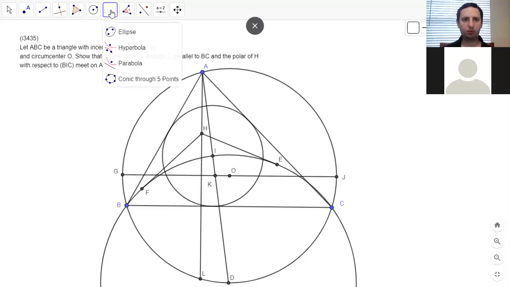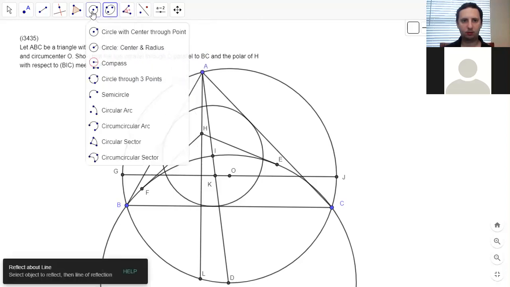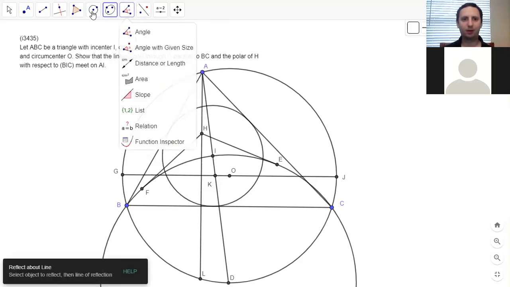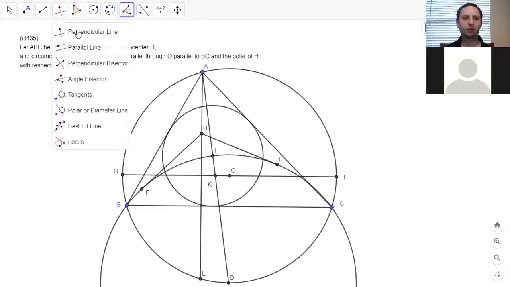So I wonder what the polar of K is. Yeah, this problem's harder than I thought. K is the line from H perpendicular to AD. Oh yeah, so that would be, yeah.